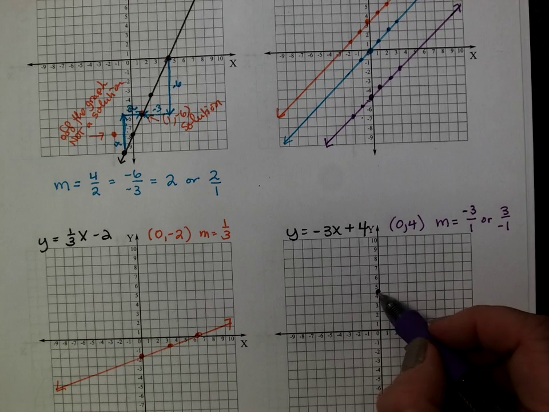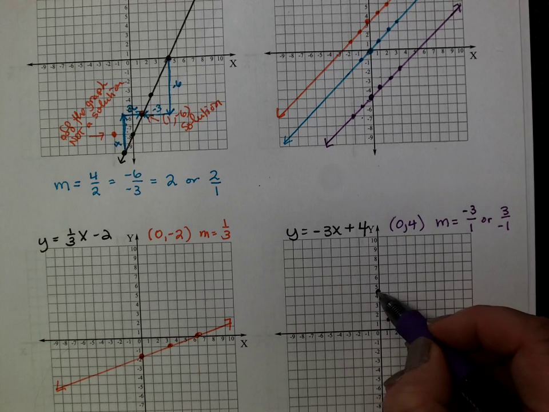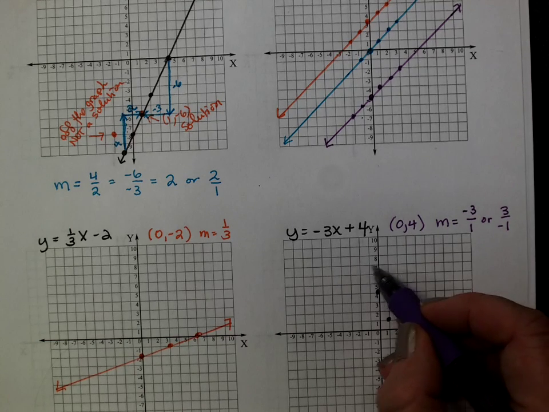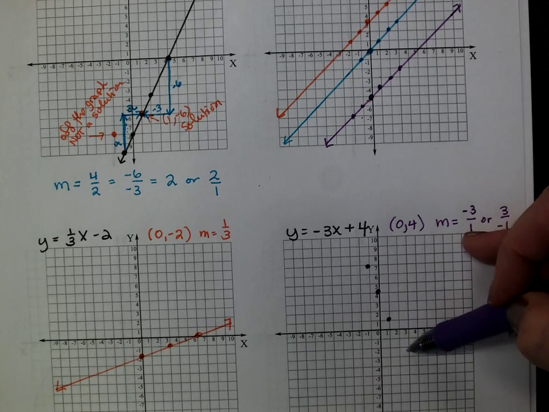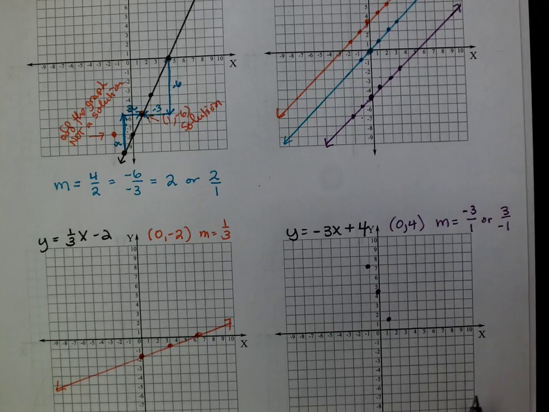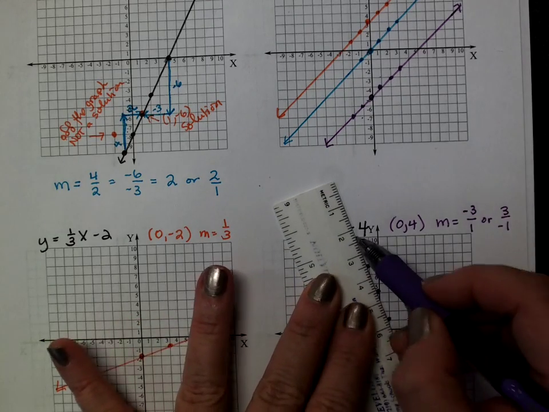I'll do a negative 3, 3 down, and then 1 to the right, positive 1 to the right. I'll go back where I started, and I can also do 3 up, positive 3 up, and negative 1 to the left, and you'll see it all falls on the same line. There's a negative slope, downward line, and it's quite steep. Okay? So I make that visual check before I commit to drawing the line.